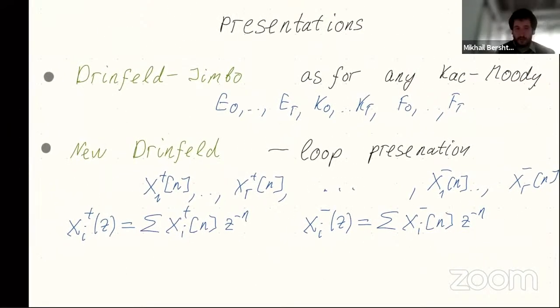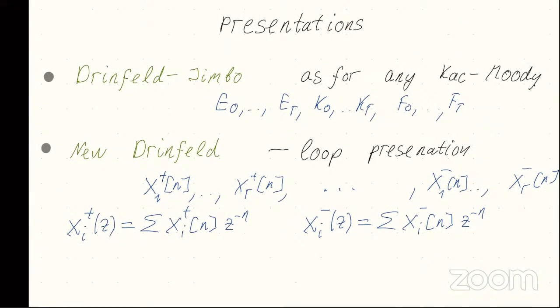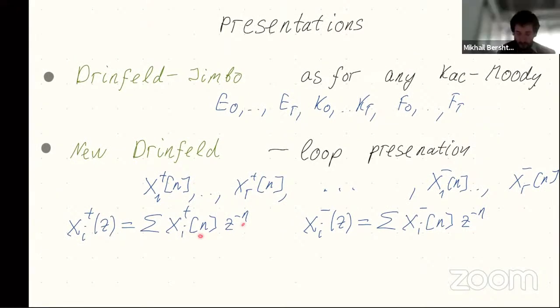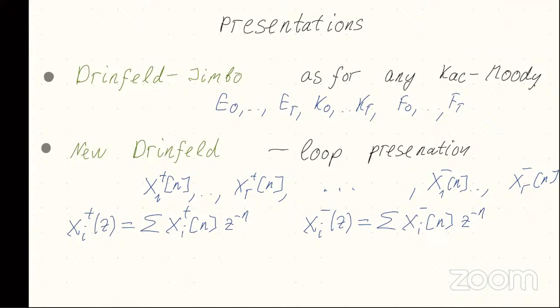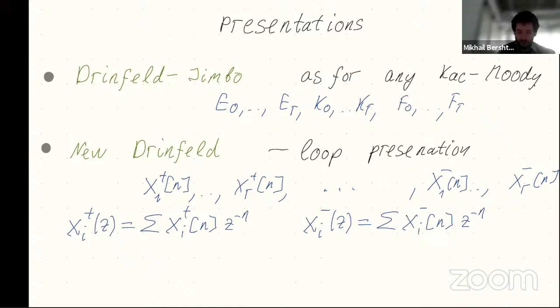Question: is it just the same n, without the shift by one? Yes, of course, that's a matter of the definition. But when you define, usually use current for the affine algebras, here it is usually n minus 1. But in Drinfeld's case, there is no such shift.